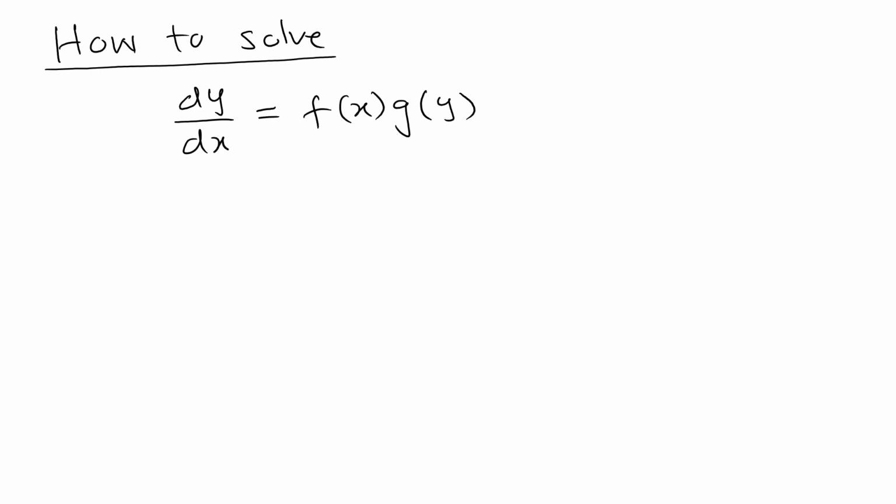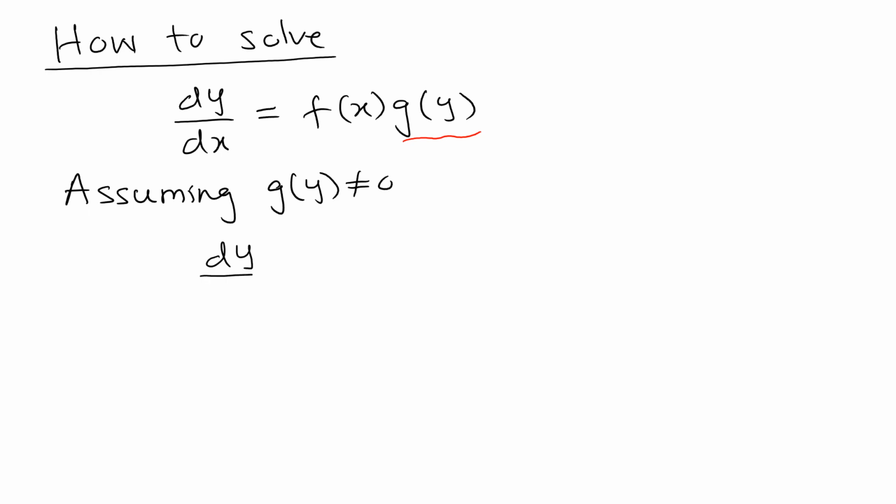We assume that g(y) is not equal to 0. Under that assumption, we can divide both sides by g(y). When you do that, you get dy over g(y).